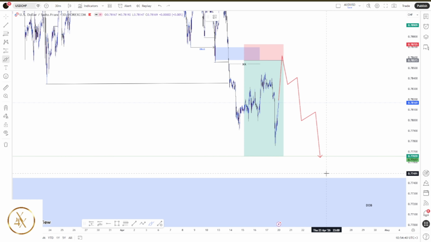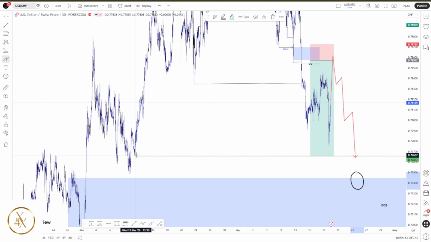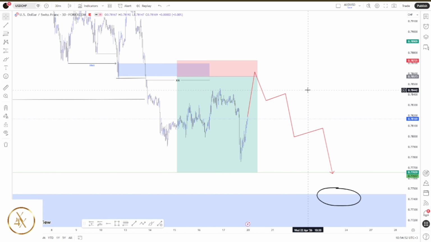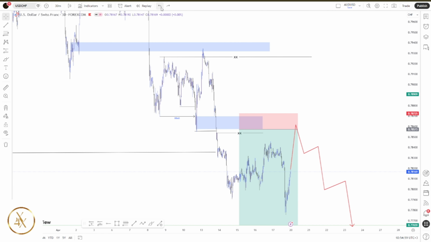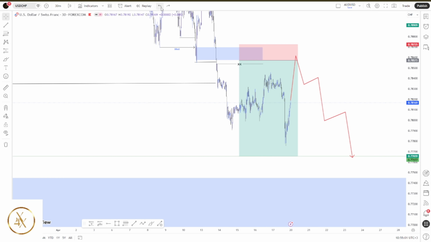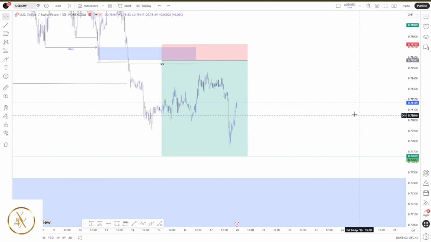Normally I would want to target up to here, but I feel like this is enough. This would give me another 1 to 6. So that would be 2 1 to 6 trades in 2 weeks. It's not bad. So yeah, that's my setup for USDCHF in the coming week.